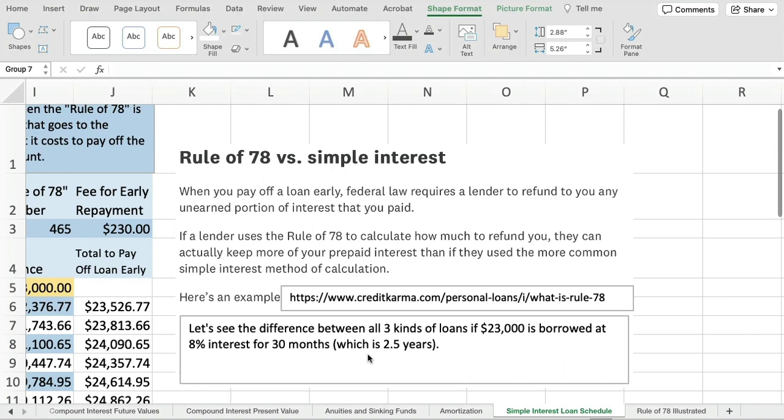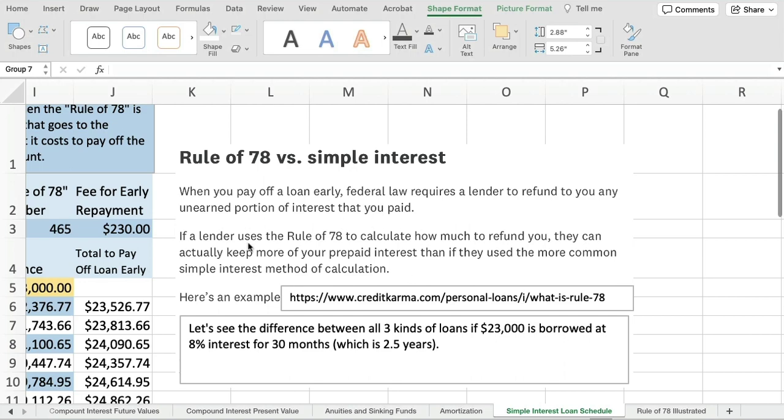So one of the best sources of information for this kind of stuff is on creditkarma.com. And what you see here is a blurb from one of their articles. And this one is basically about what is Rule 78. In my previous video, I gave you an illustration of what the difference between a standard simple interest loan and the Rule of 78 is.